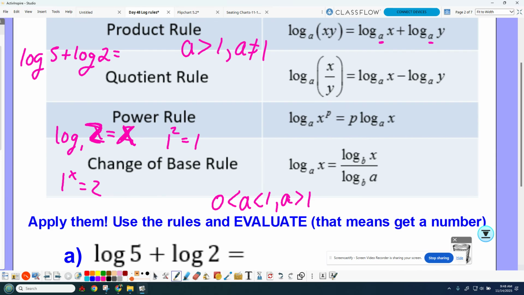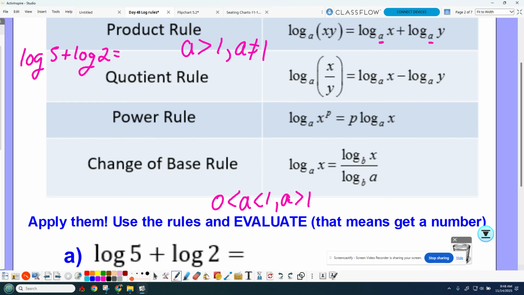When does 1 to the power equal anything other than 1? It doesn't. Again, until you get to calculus, then I can do funny things. But it's not really 1, it's a shade of 1. And I can't ever put in a negative number for the logs.